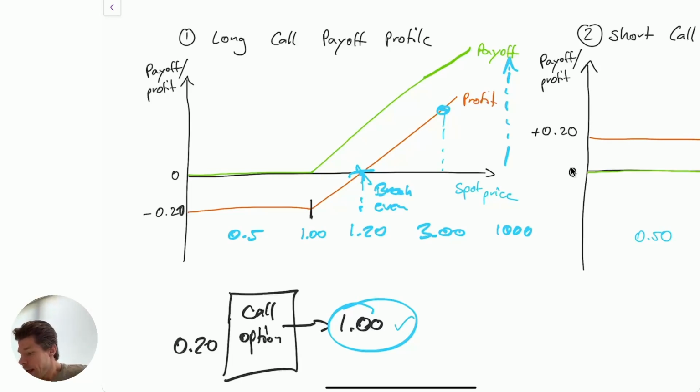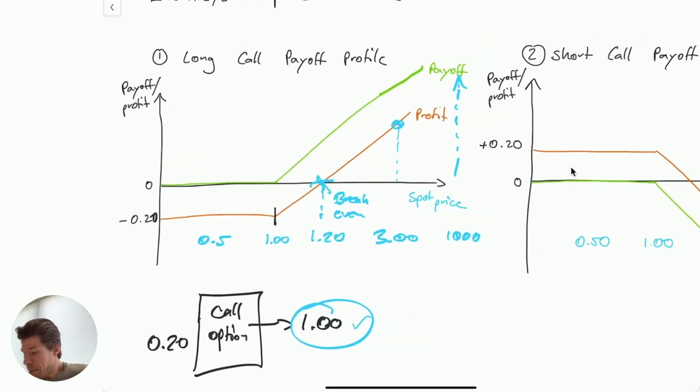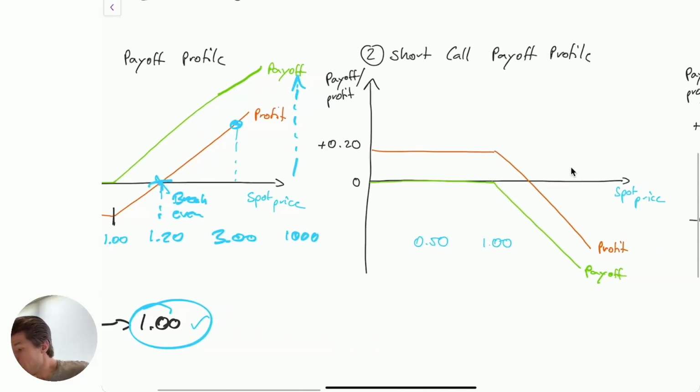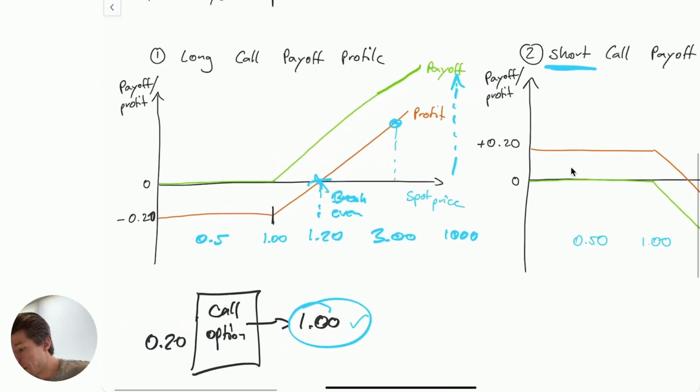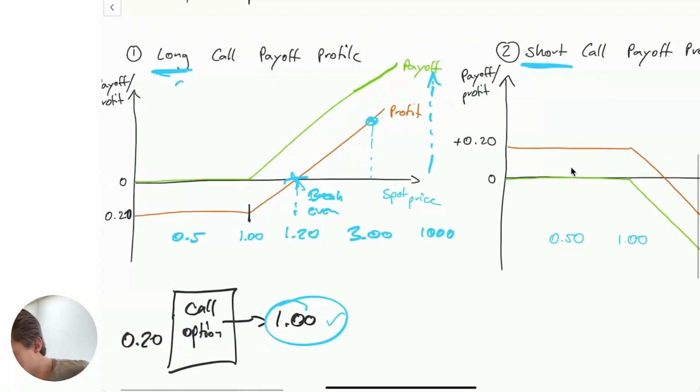Same scenario. If you are on the Walmart side, then we call it you are short. You are not in the long position. The long position is, in this case, when you're the owner, you bought the call option. So this is a customer, and this is Walmart.